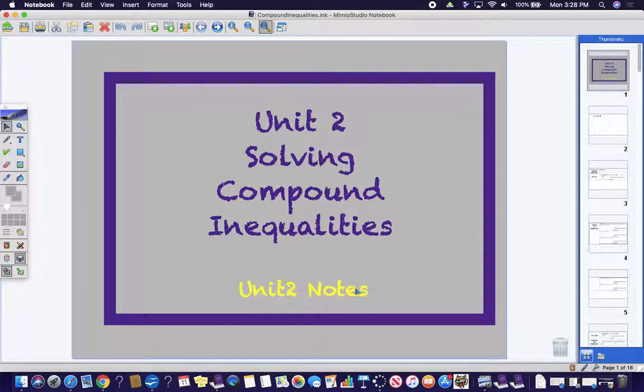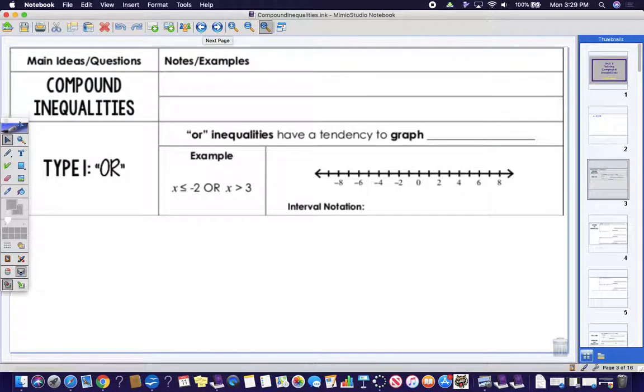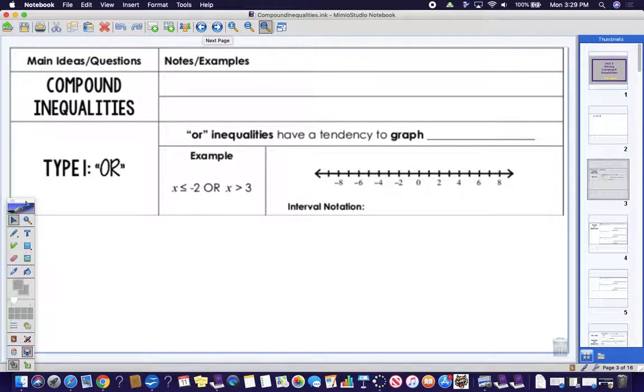Compound inequalities. We've already talked about inequalities and solving multi-step inequalities. These are what we call compound. If you remember, up to this point we've only been working with one type of inequality.